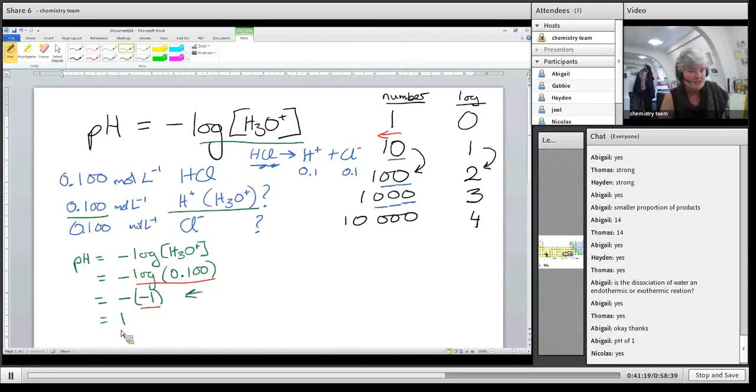Now, just a few tips. For excellence, they are always looking at significant figures. And the other thing they're always looking at is units. So pH doesn't have any units. Concentration has units, but pH does not, so you wouldn't put any units over here.